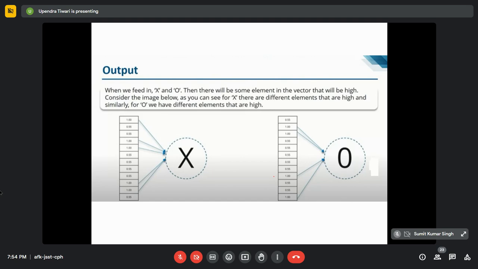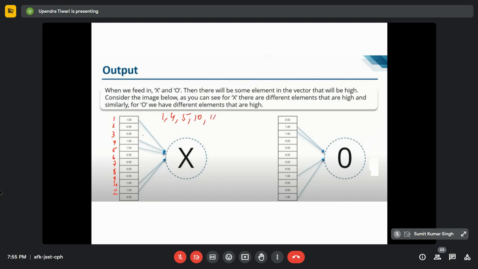Now, if I see where the maximum value is in case of X, so 1, 2, 3, 4, 5, 6, 7, 8, 9, 10, 11, 12. When the model was trained on the X, it found that the highest value, that is 1, is at positions 1, 4, 5, 10, and 11. You see?